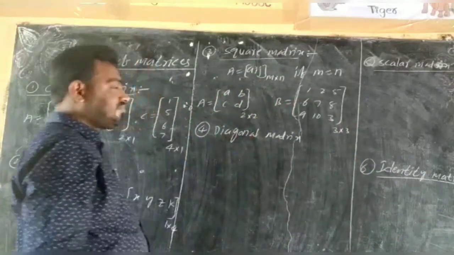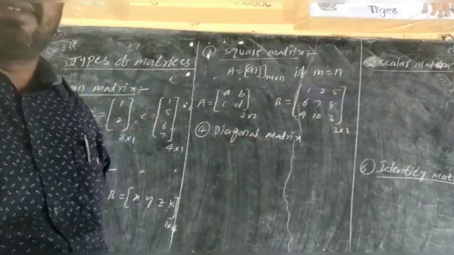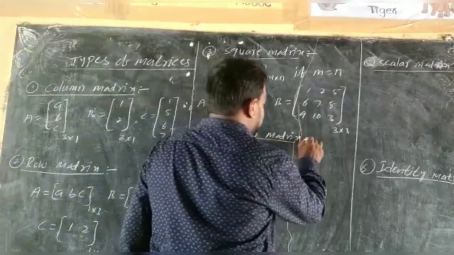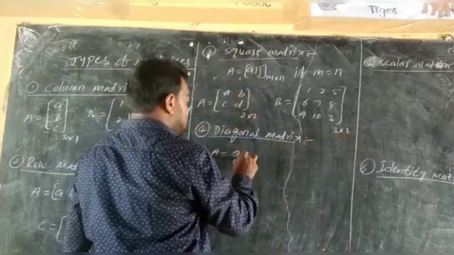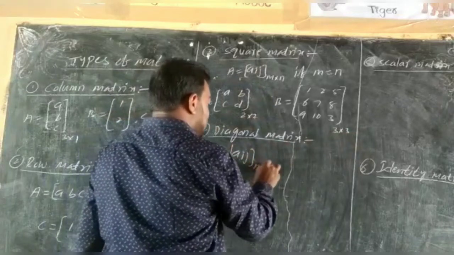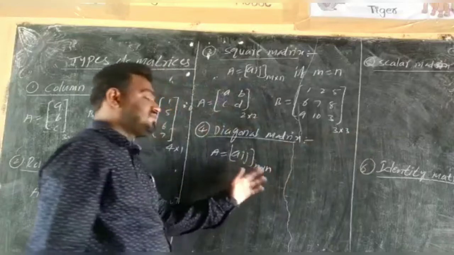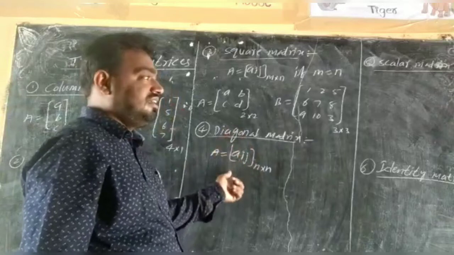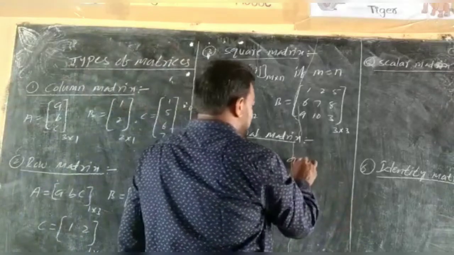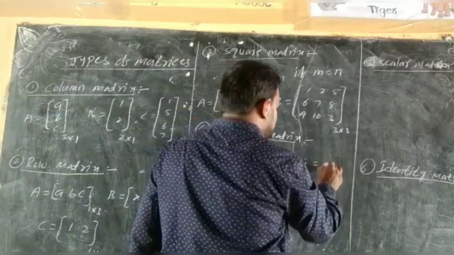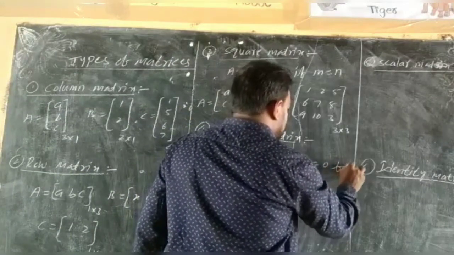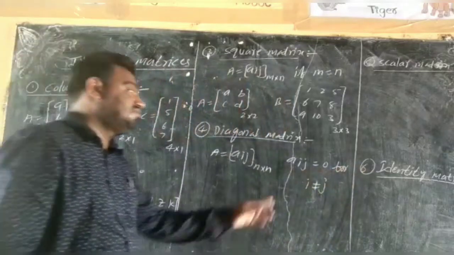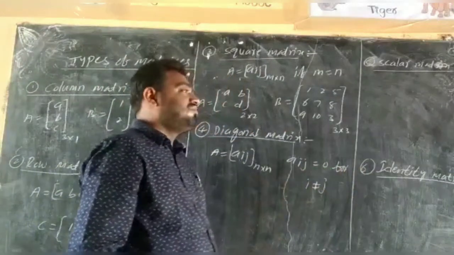Now, diagonal matrix. The definition of a diagonal matrix: a square matrix A = [Aij] of order n cross n only, because it is a square matrix of order n, is said to be a diagonal matrix if Aij is equal to 0 for i not equal to j.